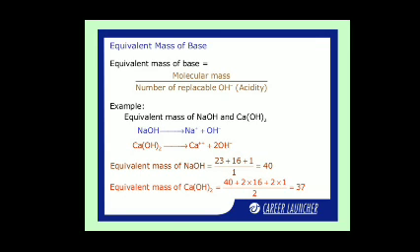Then equivalent mass of NaOH is equal to 23 plus 16 plus 1 by 1, that is equal to 40. Equivalent mass of calcium hydroxide: 1 calcium, 2 oxygens, 2 hydrogens. 40 plus 2 into 16 plus 2 into 1 by 2, that is equal to 37.